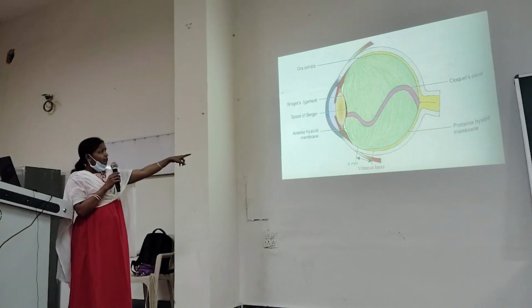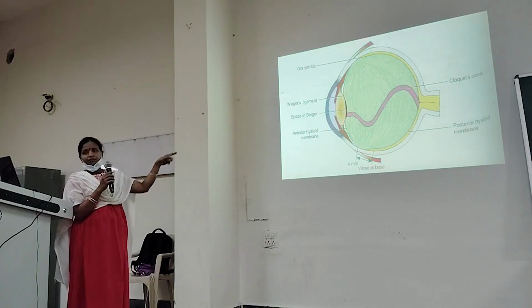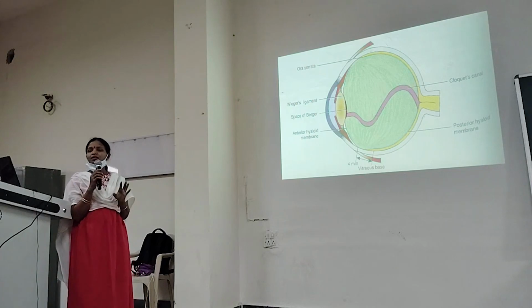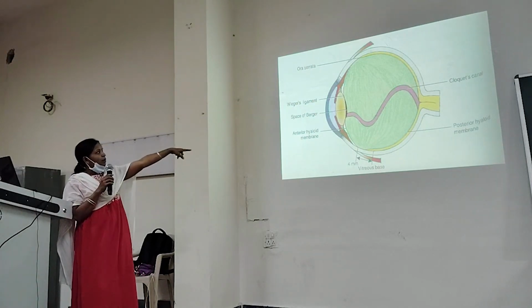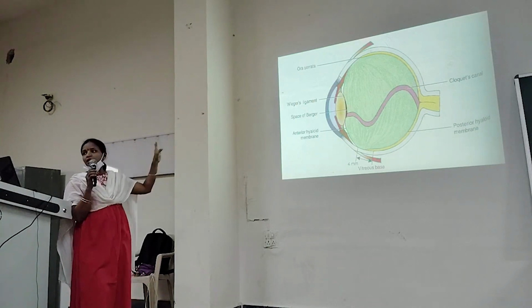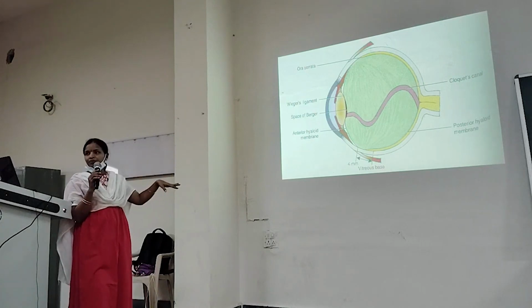And now comes the inner sensory part. Just below the yellow portion you will have the retina, okay? That is the nervous tissue, okay? And this yellow biconvex structure what you are seeing is the lens. So lens is placed behind the iris, okay?